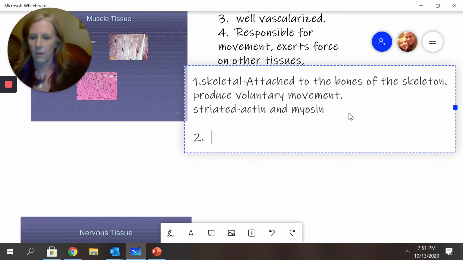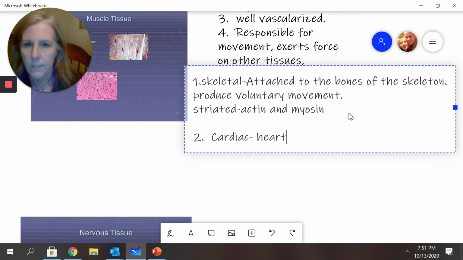Another type is cardiac. Cardiac muscle. I bet you can't figure out where cardiac muscle is found, can you? I know you don't. It's found in the heart.